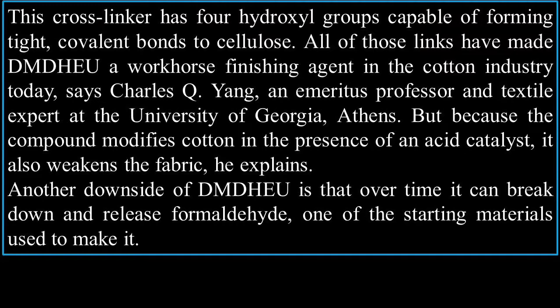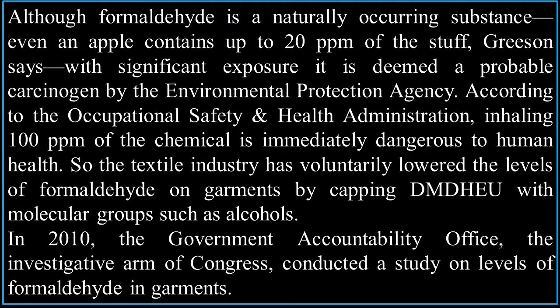So if it's not a urea compound, it is formaldehyde. So you can't win. Although formaldehyde is a naturally occurring substance, even an apple contains up to 20 parts per million of the stuff, Greason says, with significant exposure, it is deemed a probable carcinogen by the Environmental Protection Agency, which is a federal agency, the EPA.